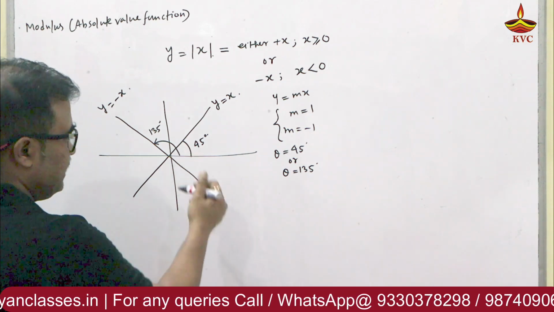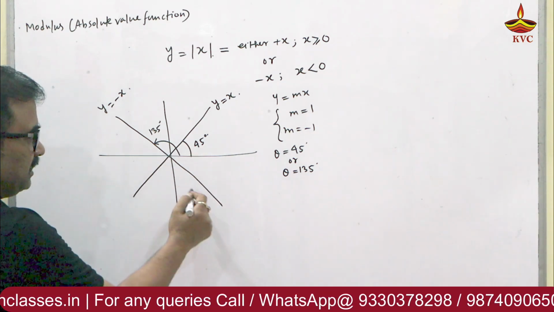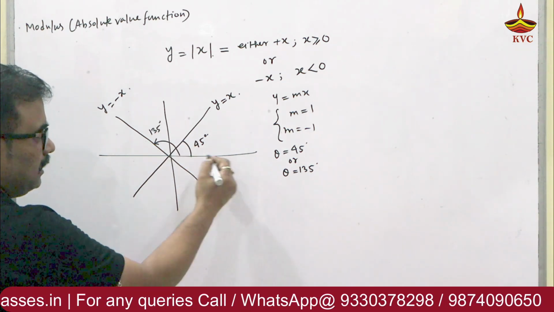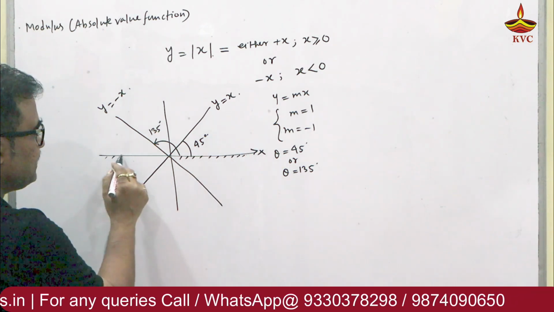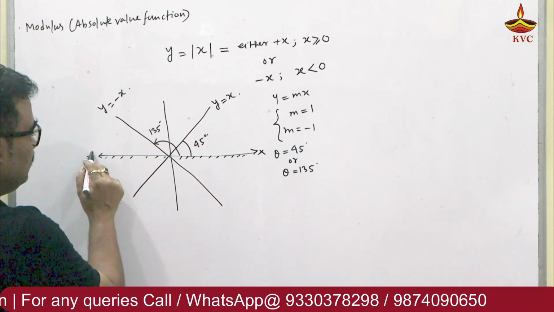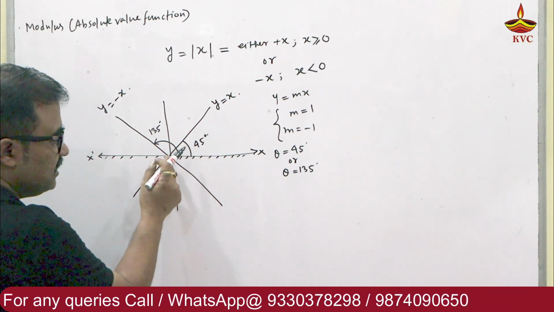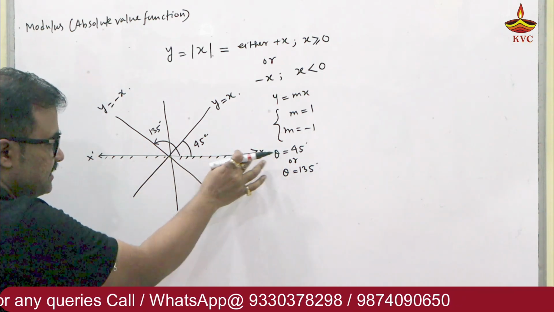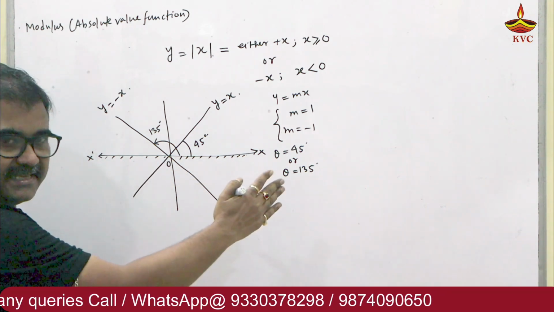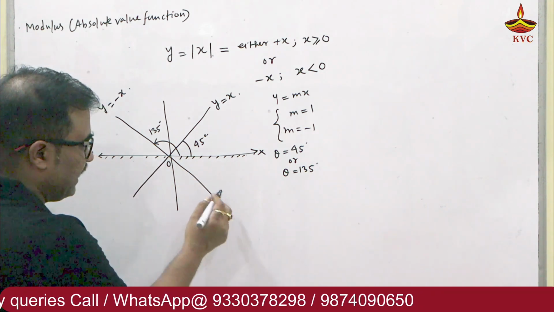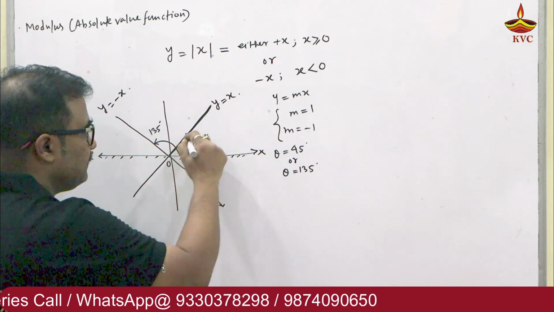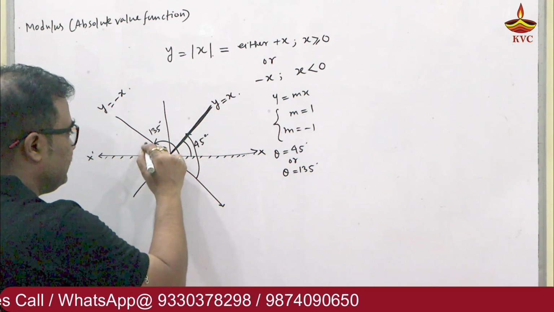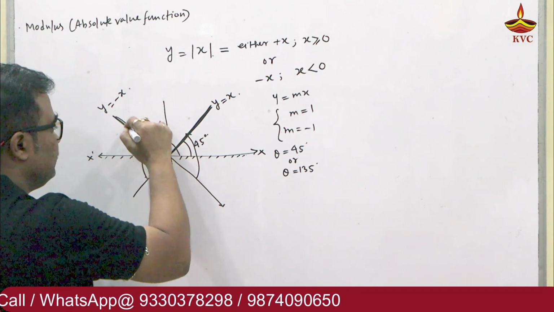But as you see, all this portion is below the origin. Now if this is the x-axis and we imagine it as a plane mirror, we just reflect this line in this x dash axis, so that this line is superimposed with this line, and this line gets reflected here.